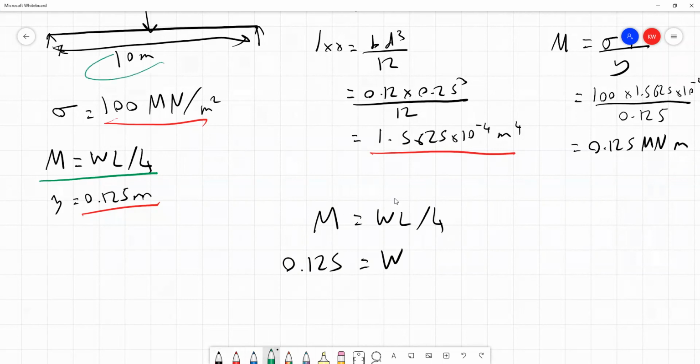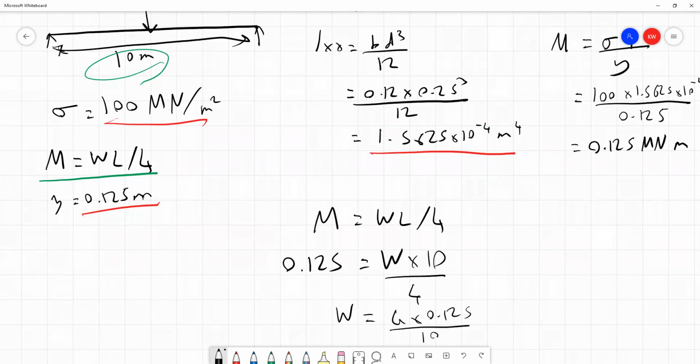Our length of our beam is 10 meters, so let's put that in, and that's divided by 4. So we can rearrange that. W is equal to 4 times 0.125 divided by 10, which is equal to, quickly do that. I was going to say what it was, but I think I'll work it out just in case.